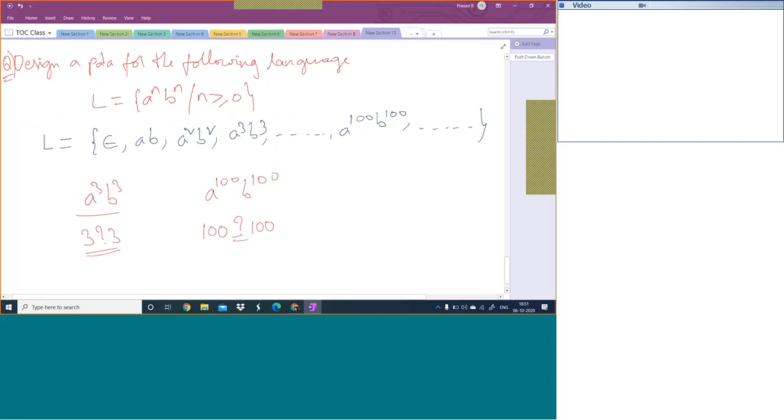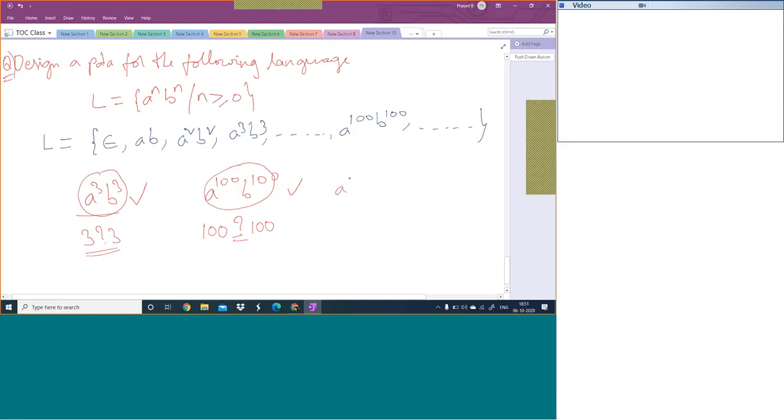However, the PDA accepts a cube, b cube. The same way a power 100, b power 100 also will be accepted by PDA. But neither here nor here the PDA can count the A's and B's.